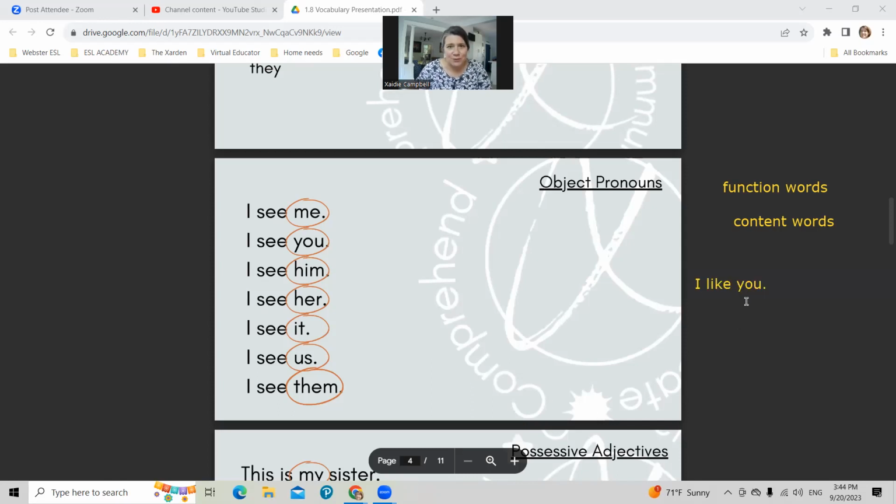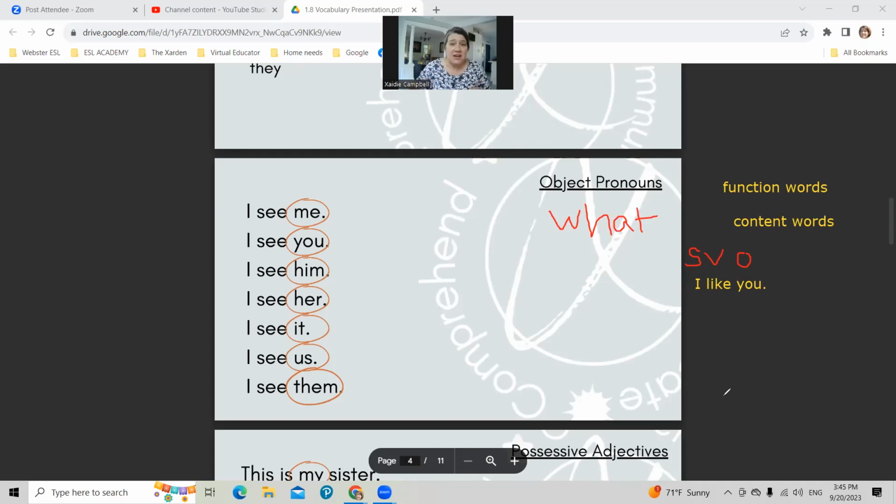I like you. What's the subject of this sentence? Good. I, verb, like, and you is the object. It's what I like. Another way to think about object pronouns is they answer what.